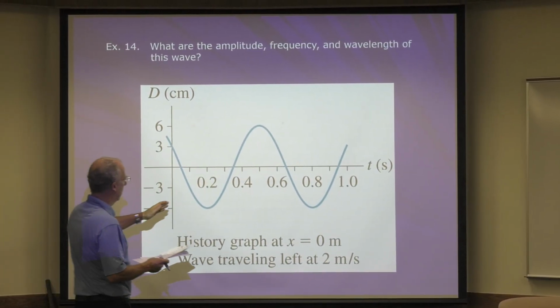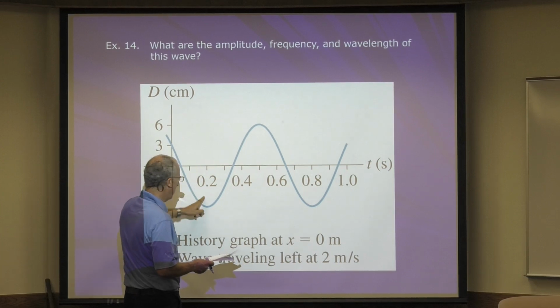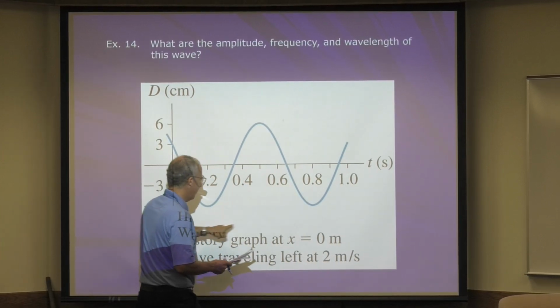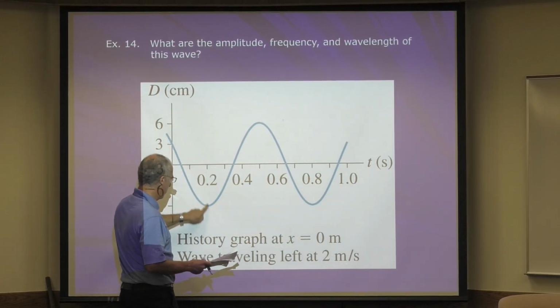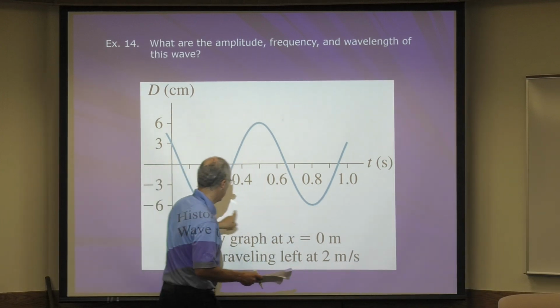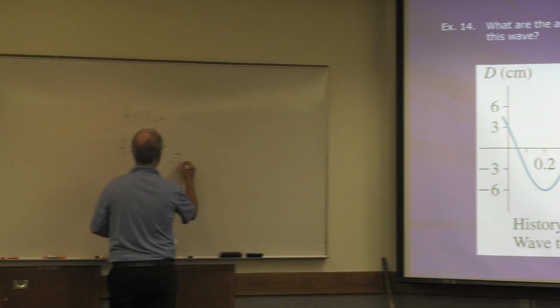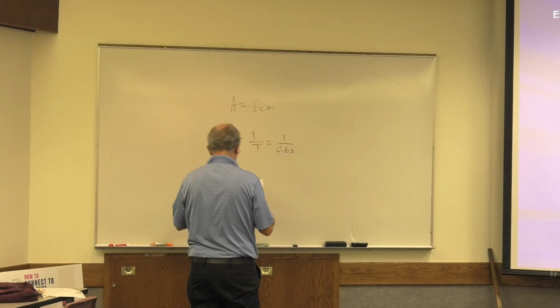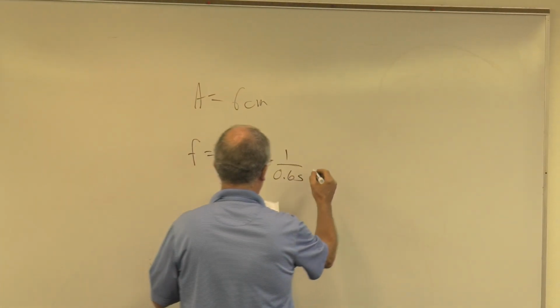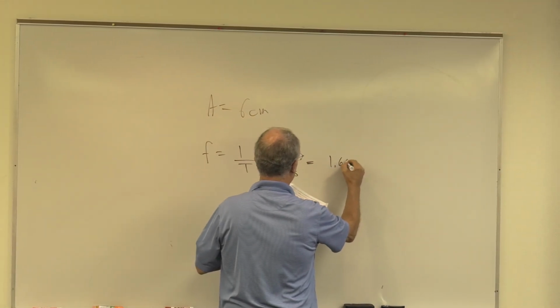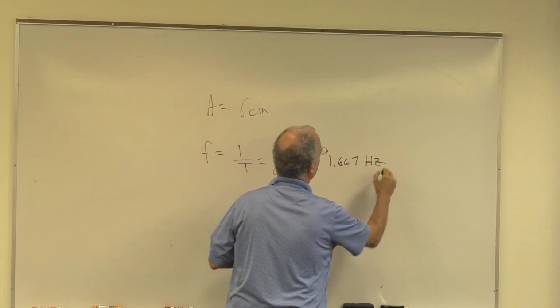Agree? Well, wait a minute. Why do it the easy way? Let's do from here to here, so 0.2 to 0.8. So this is 0.6 seconds. So the period is 0.6 seconds. But we want the frequency, so it's 1 over that. And I promise you that's 1.667 hertz.